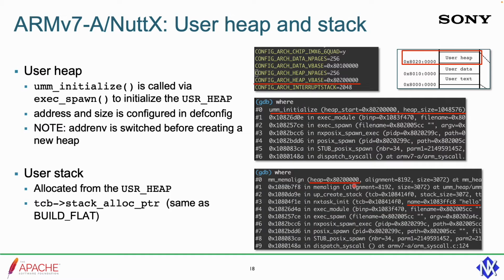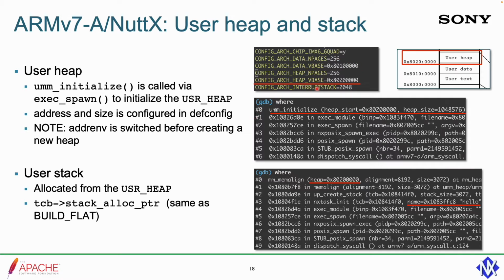The next slide shows the user heap and stack. The user heap is initialized with UMM initialize when the user application starts. The heap's address and size are configurable in defconfig, like this.